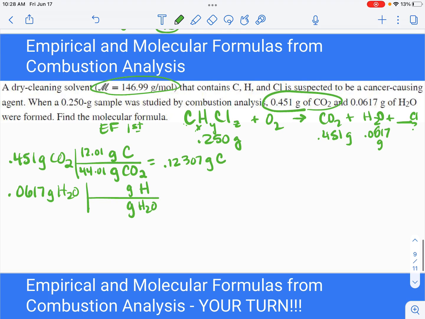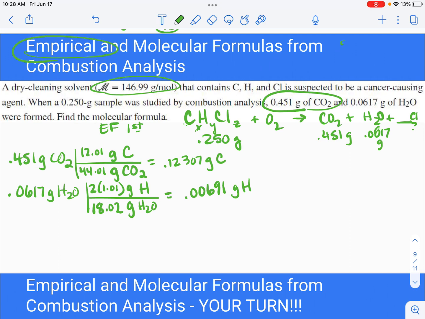Okay, so this would be from the periodic table 18.02 grams, and to find that 18.02, I did 2 times 1.01. So if you need to remind yourself that it's like that here, you can, but I would say definitely just keep that in mind. Okay, so this is going to give me 0.00691 grams of H.